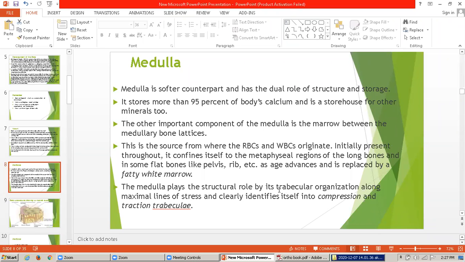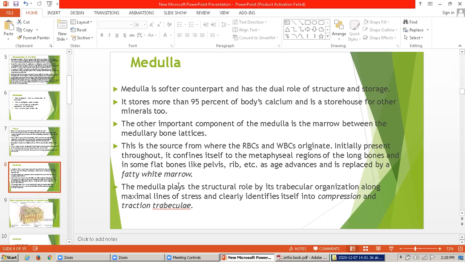Initially present throughout, it confines itself to the metaphyseal region of the long bone and in some flat bones like the pelvis and ribs. As the age advances, it is replaced by a fatty white mass.